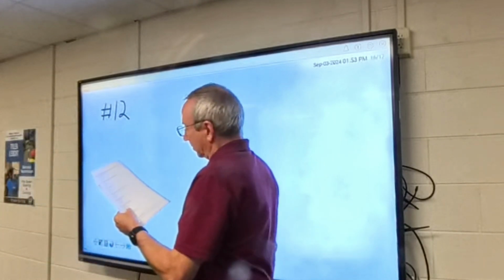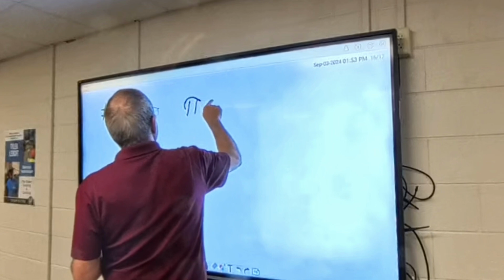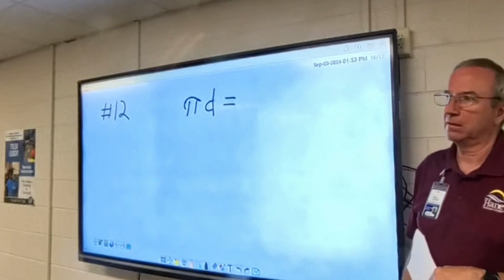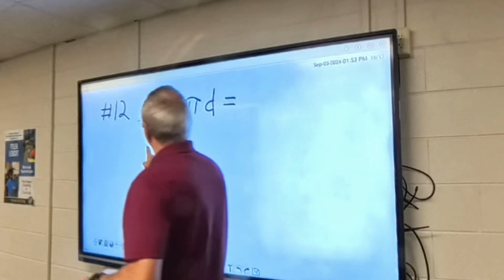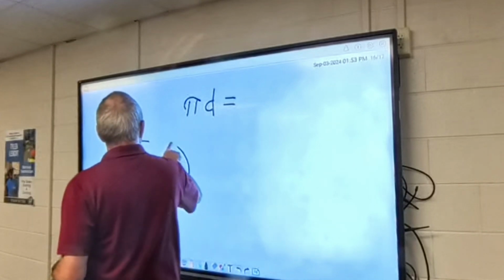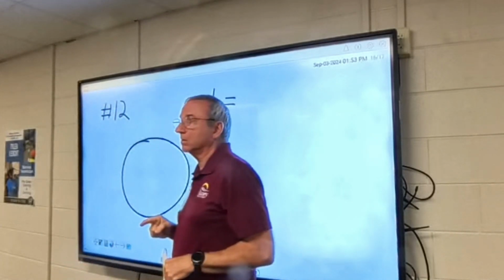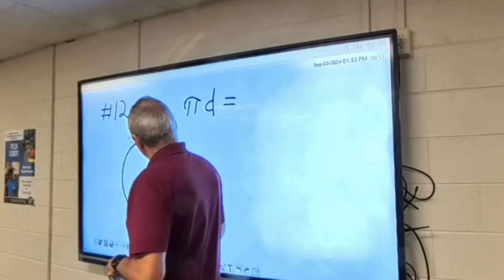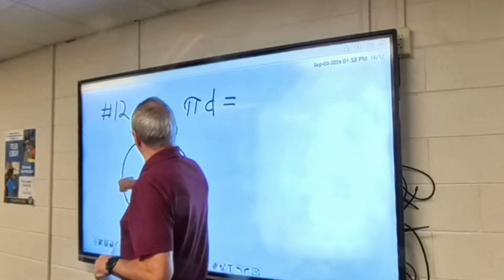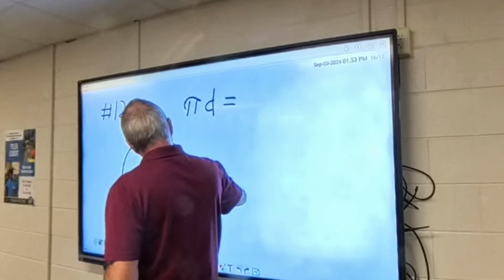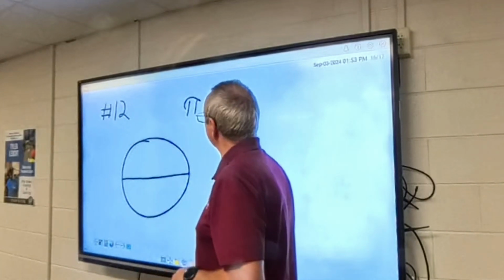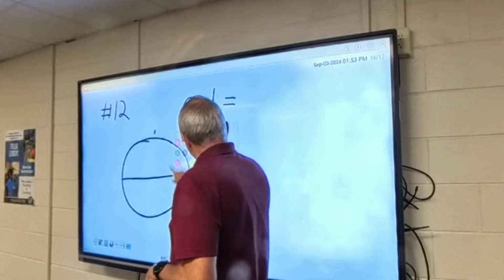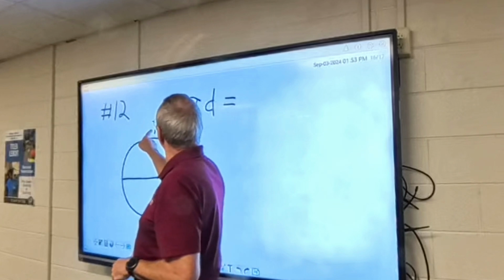When working with a circle, pi times d equals what? Well, what's d? Diameter. Let's draw a circle. Interesting thing in the circle. Long ago, some smart Egyptian or whatever looked at a circle and they paced it off, or they measured around the outside of that circle.